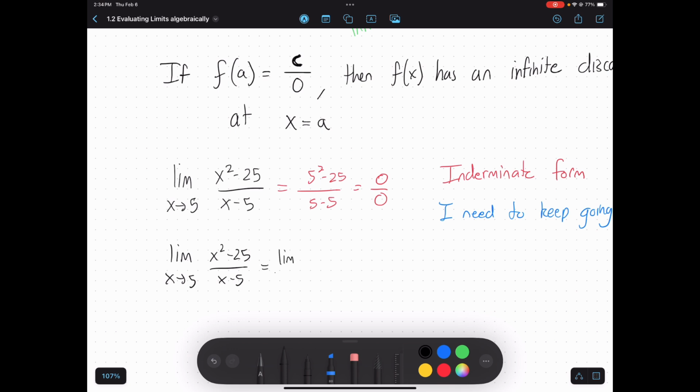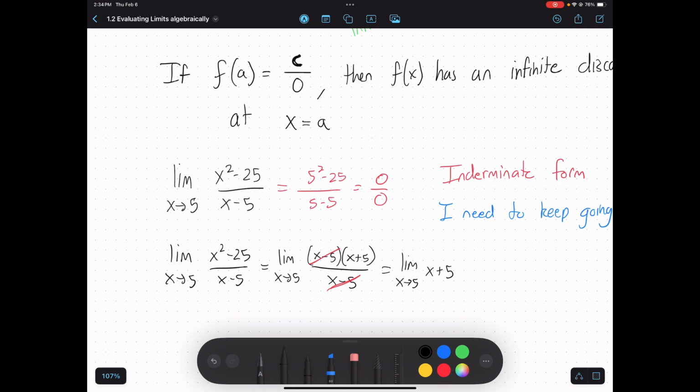I can factor that numerator and I get x minus 5 times x plus 5. And notice once I do that, this x minus 5 factor on the top cancels with the x minus 5 factor on the bottom, which leaves me with this: the limit as x approaches 5 of just x plus 5.